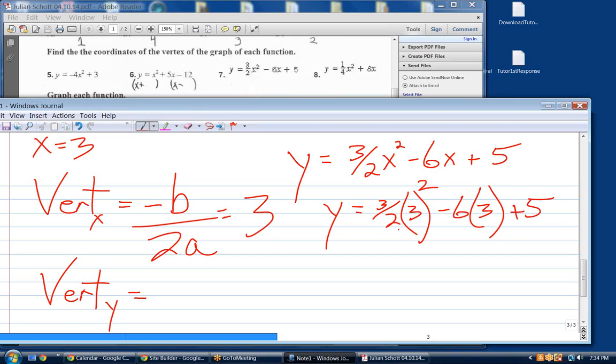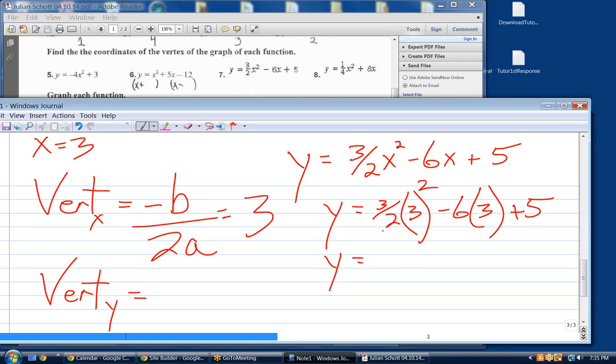And I would recommend using the parentheses even if that x value is not negative. When the x value is negative, it's critical to use them. It's even critical here because we're not squaring the 3/2. We're only squaring the 3. So simplify.